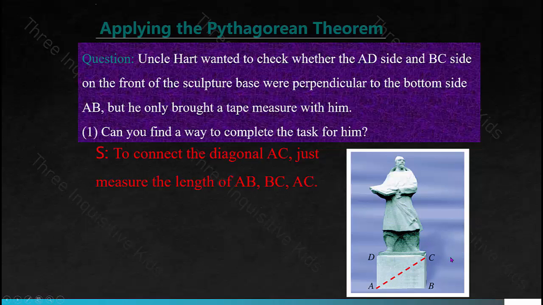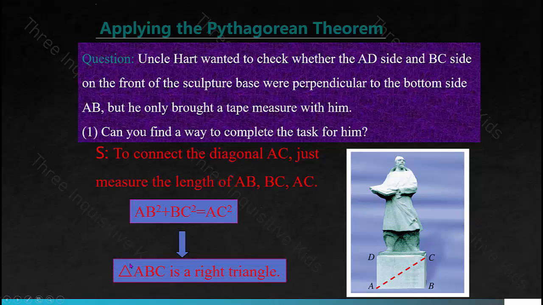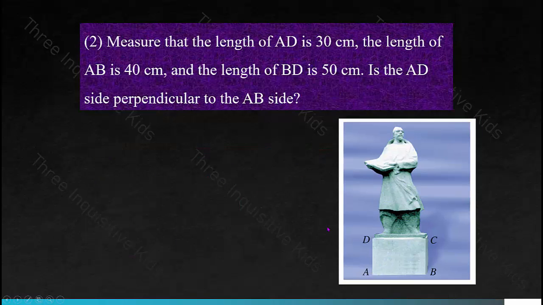To connect diagonal AC, just measure the length of AB and BC, and you'll get AC. So we know that AB squared plus BC squared equals AC squared. Actually, we want to test if that's true. If this is true, then triangle ABC would be a right triangle.